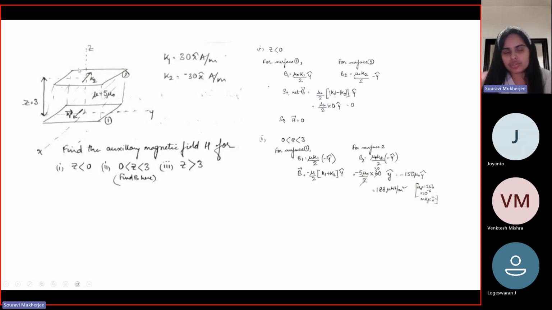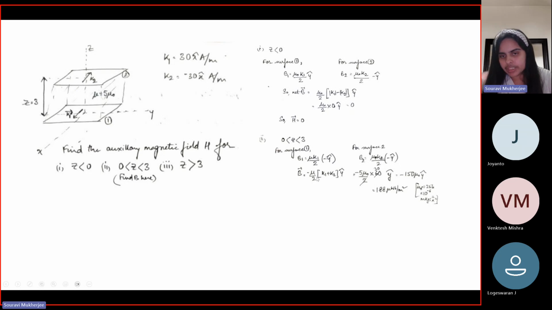For surface 2, your K2 is directed in the minus X direction, so again clockwise field lines will be generated. That means somewhere in between, it will be directed again in the minus Y direction, right? So these two field lines are in the same direction and they add up.